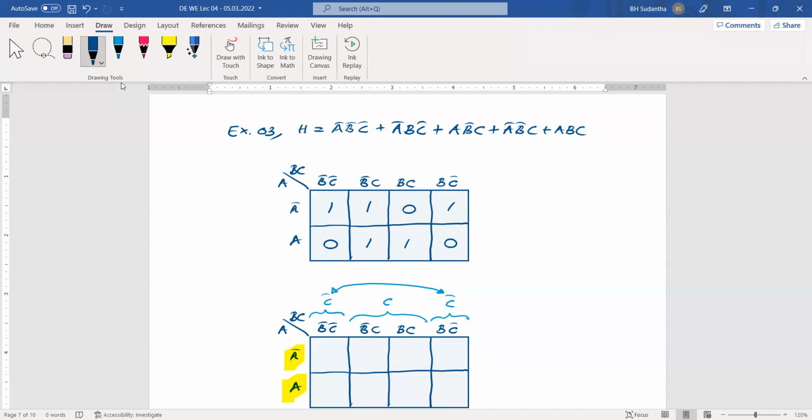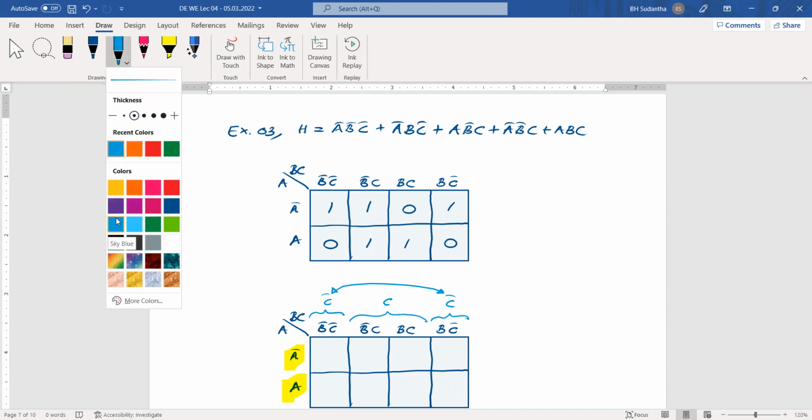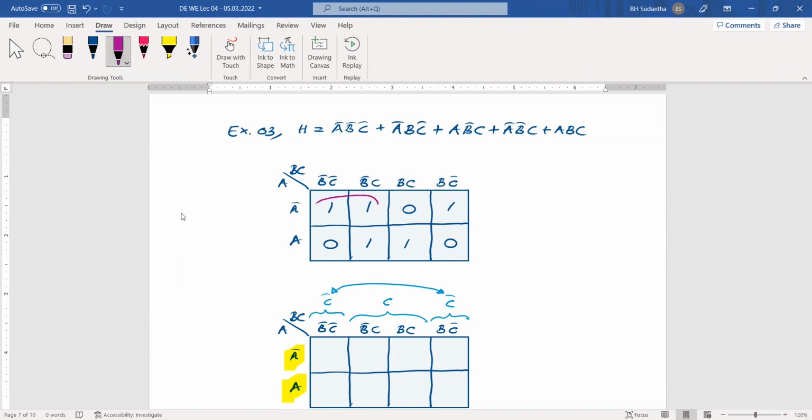Okay, then how can we make groups? We can make this one. What is this? This is A bar, B bar.